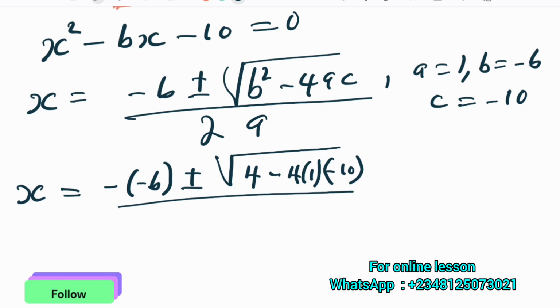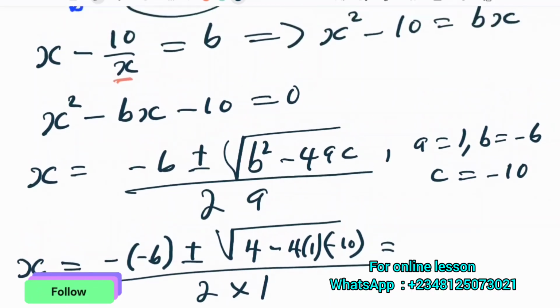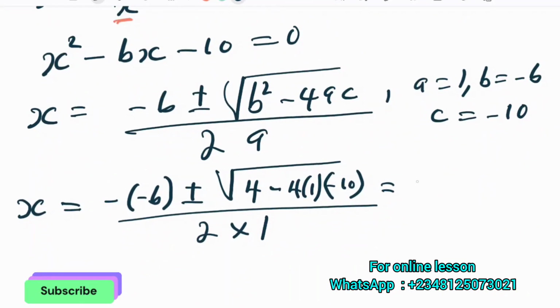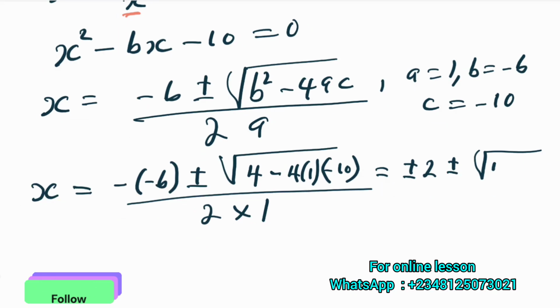Then all over 2 times 1. So therefore, this negative sign for b will cancel out, so it will now become plus b. We are told that b is equal to plus or minus 2. So you put your plus or minus 2, then plus or minus the root of 4 minus 4 times minus 10, which will give us minus 40. This becomes 4 plus 40, then all over 2.